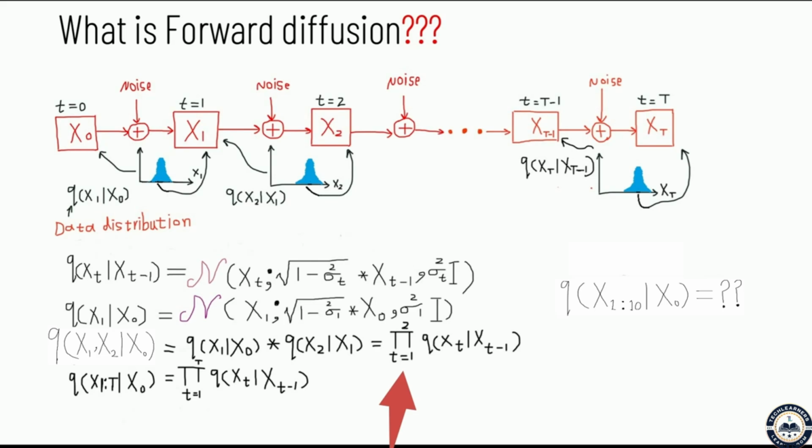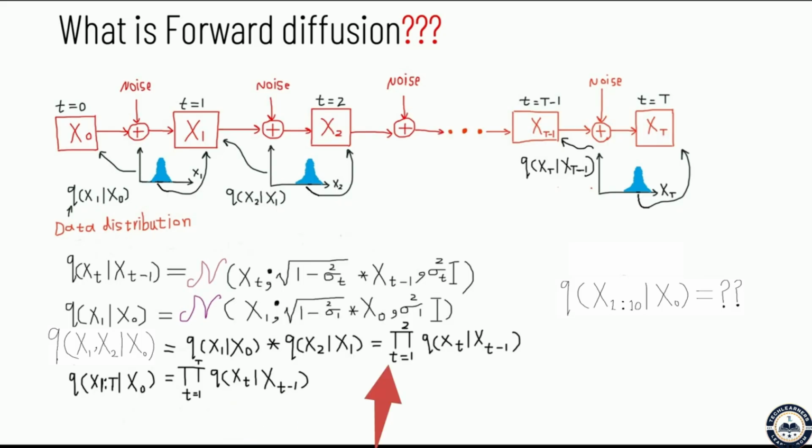So here we will write pi from time step 1 to 2 of q of xt given xt minus 1, which is equal to this multiplication here. In general, if we want to find the joint distribution of x1 to xt capital, we just need to multiply all the intermediate conditional distributions of each xt given xt minus 1.